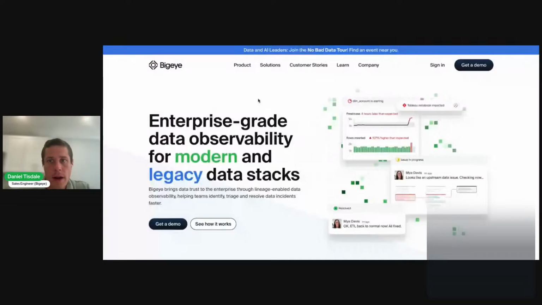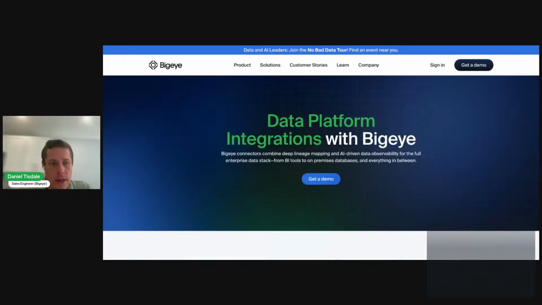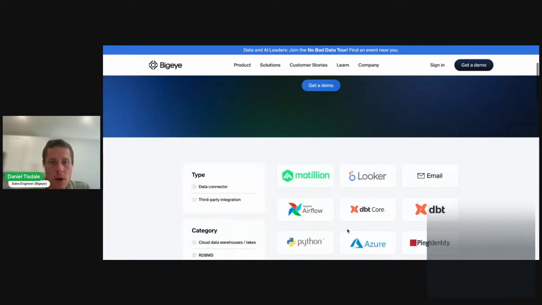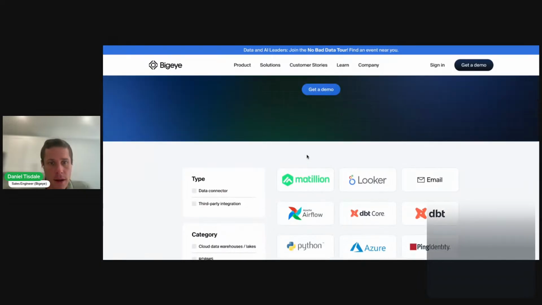So we've got a very robust library of integrations and connectors. If I go to bigeye.com under product, I can click on integrations. This will show me all of the existing integrations that we have, as well as future ones that are coming down the pipe. Another big topic is all around security.